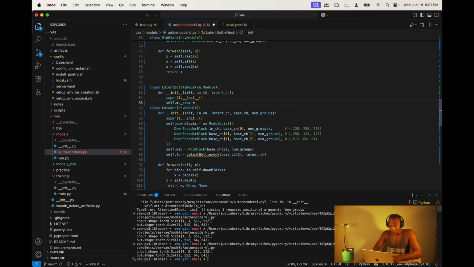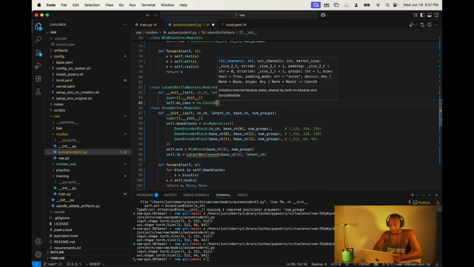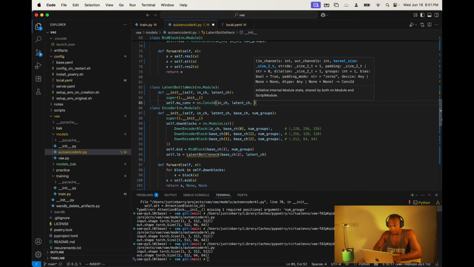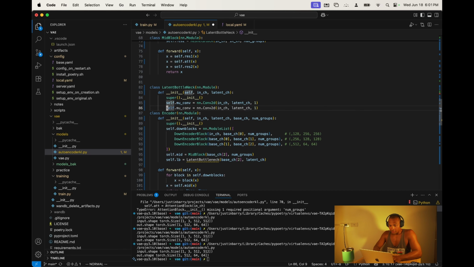So these are our spatial. This is the convolution that's going to yield our spatial latent. It's just a spatial projection.